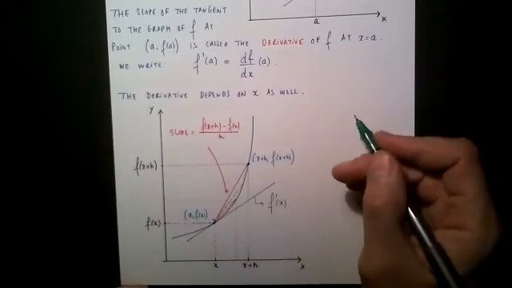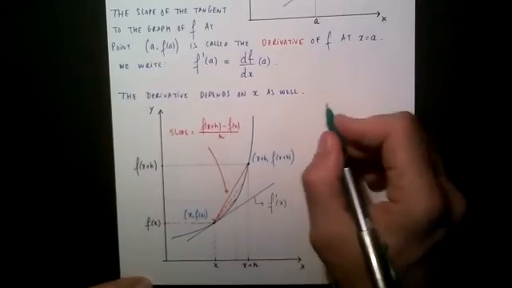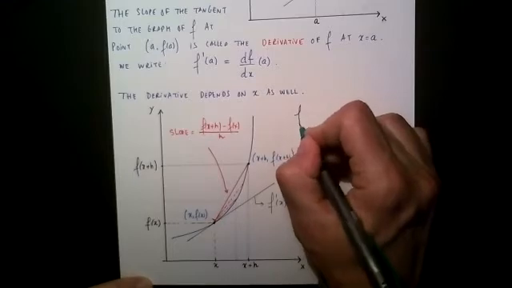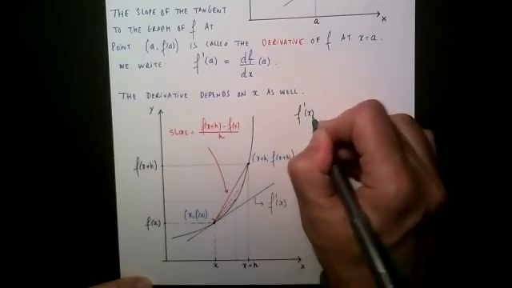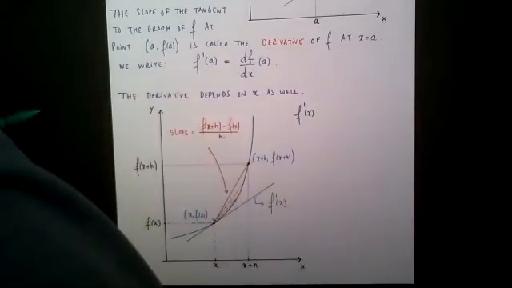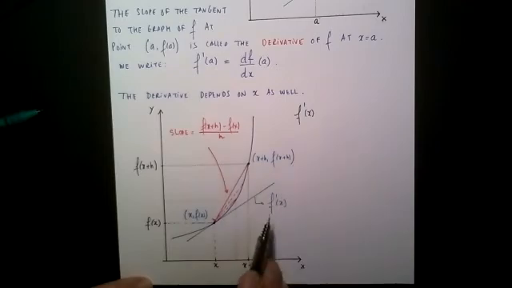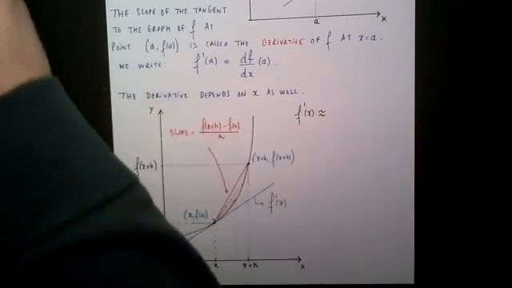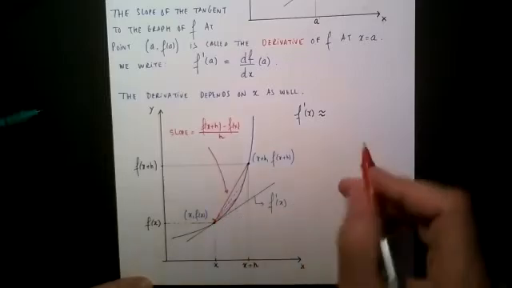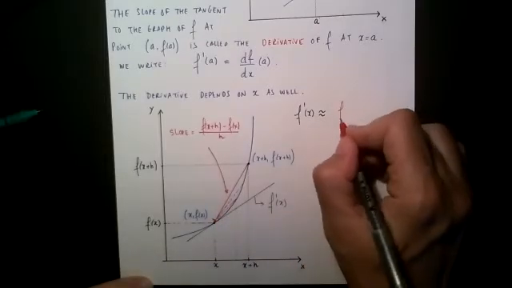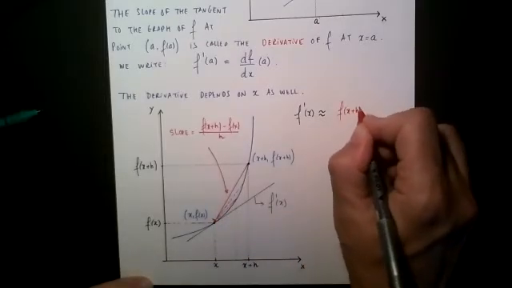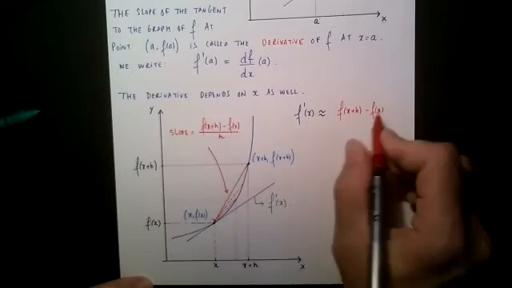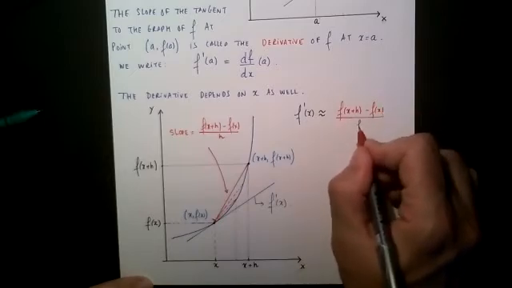Okay, so in other words, f prime of x, which is what I'm looking for, the green, is approximately equal, not exactly equal, to the slope of the red line, which is f of x plus h minus f of x divided by h. Approximately equal.